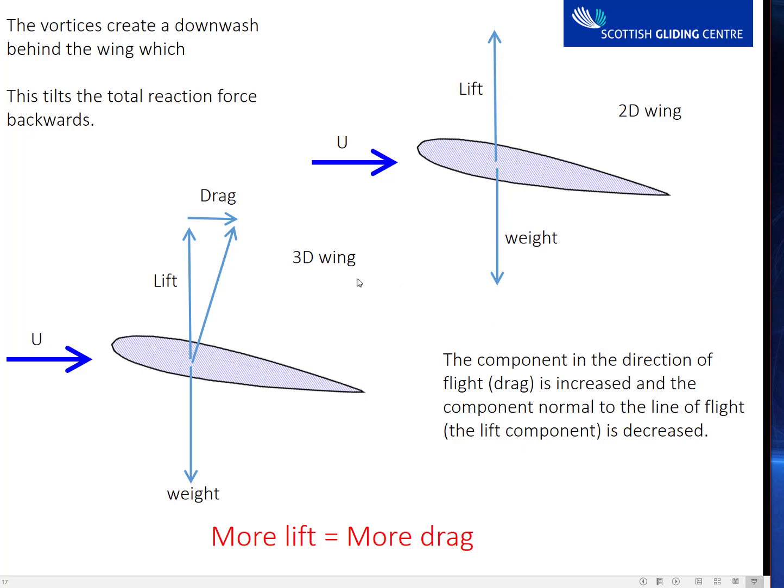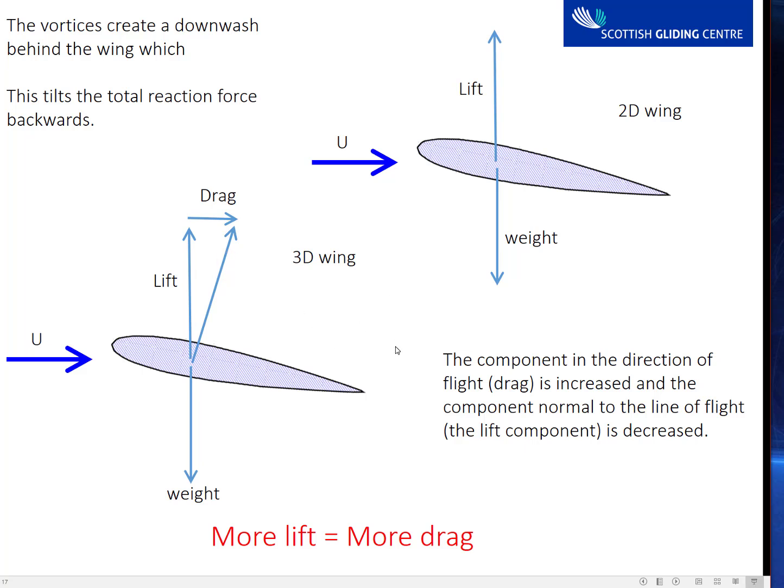However, if we have a trailing vortex, then the lift vector is pulled back, and so some part of the lift force is now acting against the direction of flight, and so part of our lift is now acting as if it were a drag. And I also need to fly at a slightly higher angle of attack in order to generate a little bit more lift to counter this effect.